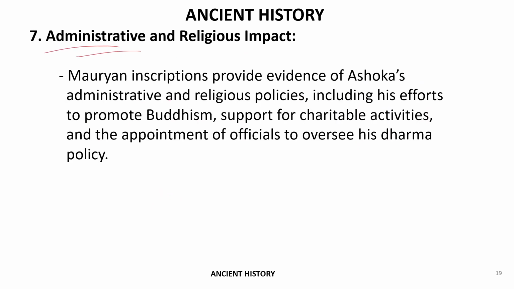The administrative and religious impact. Mauryan inscriptions provide evidence of Ashoka's administration because they contain the royal proclamations. Okay. Thereafter, the religious policies because it is for the religious brotherhood.